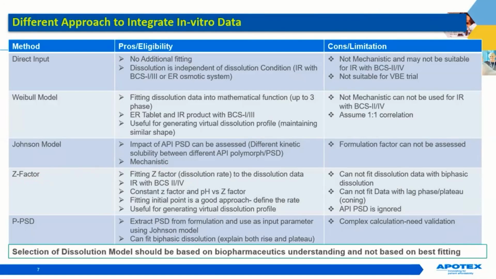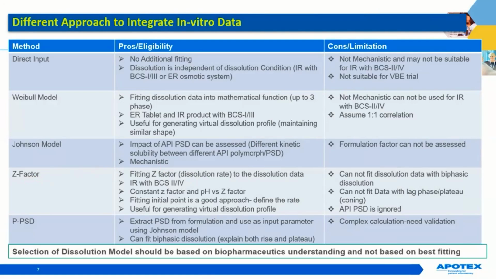The next one is the Z-factor model. The Z-factor is basically a function of the diffusion coefficient, the diffusion layer thickness, the density, and the particle size or particle diameter, and is usually independent of the dissolution pH.